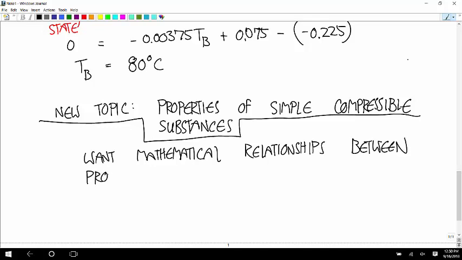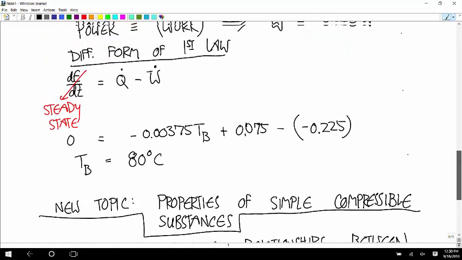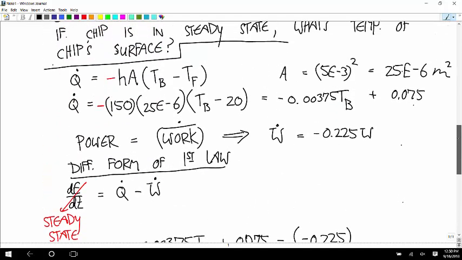And so, how would that come up in a problem? When would you want to know a mathematical relationship between a handful of properties? Well, an example would be, this is talking about a microchip, which isn't what we're going to be talking about. But imagine that we could do this for the microchip.